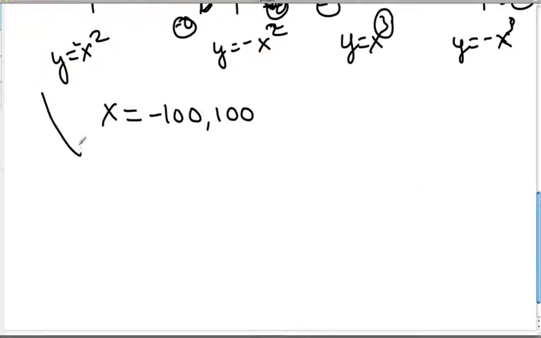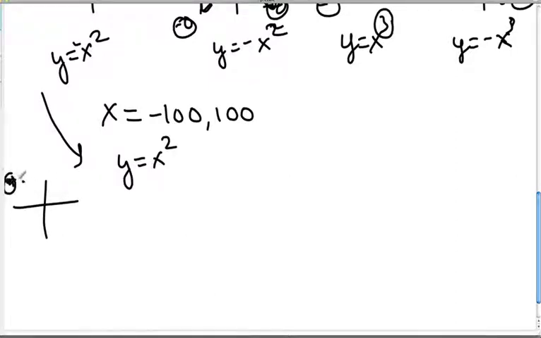So let's try to see what the end behavior for y equals x squared will be. Well, if x equals negative 100, then negative 100 squared, any number squared, becomes positive. So on negative 100, which as you can see on the graph is way over here, y is going to be positive. So it's going to be up here.